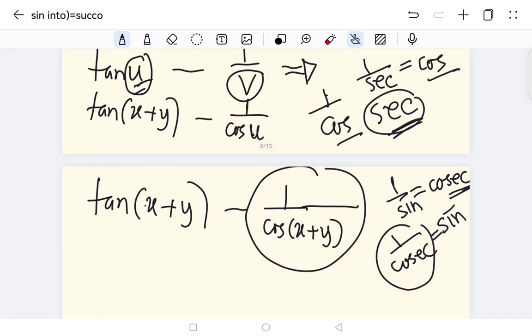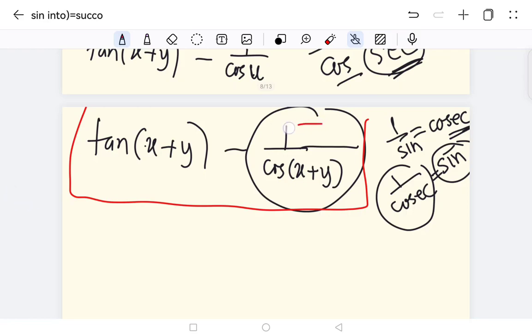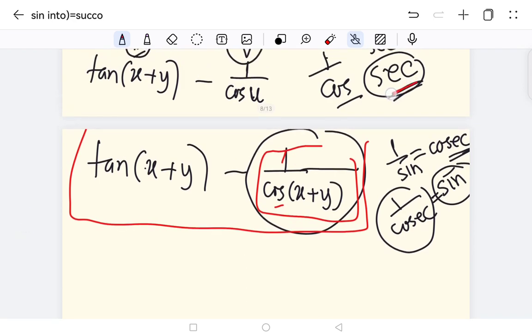So this is the opposite of this. Okay? So continuing to here, we now have 1 over cosine, which is actually secant. So negative secant of x plus y.